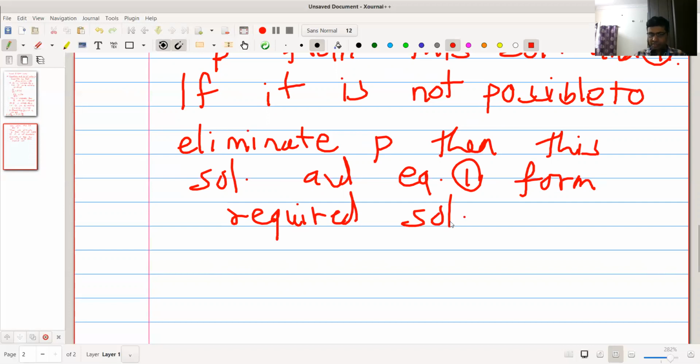This is same as the case we studied earlier, that is solvable for y.